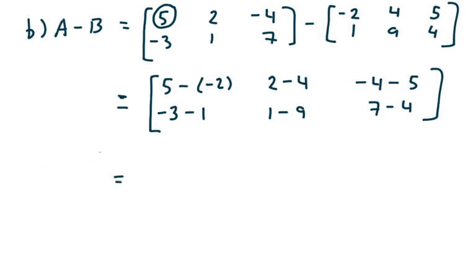And so if I go to simplify A minus B, I get 7, negative 2, negative 9, negative 4, negative 8, and 3. And so that right there is A minus B. So let's take a look at C. On C, we want 4A minus 3B.